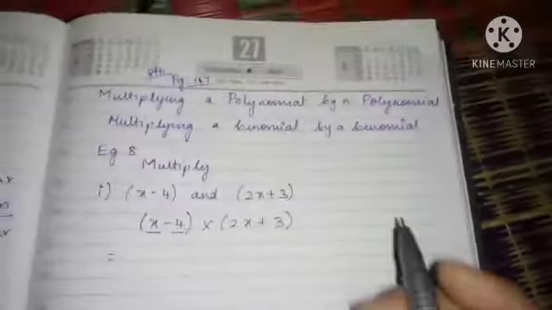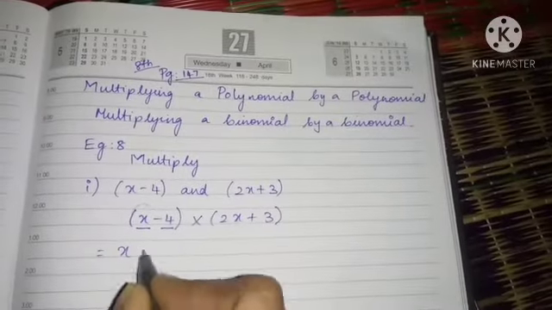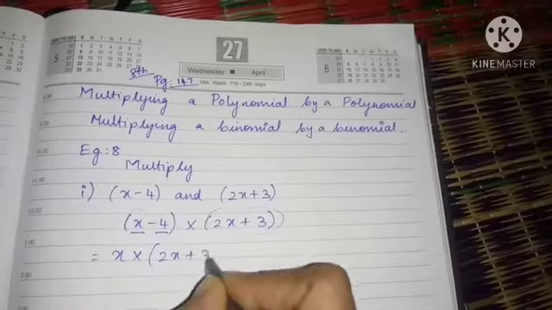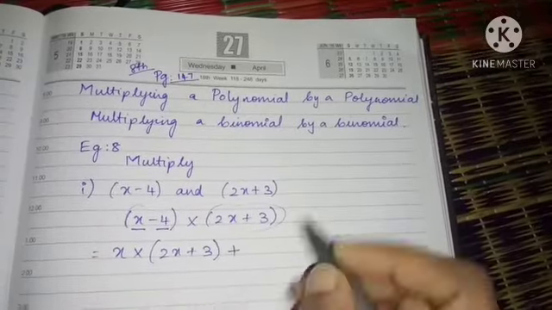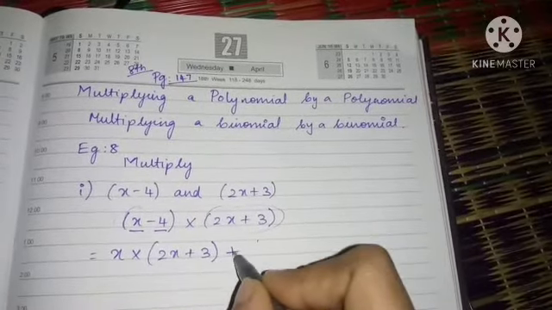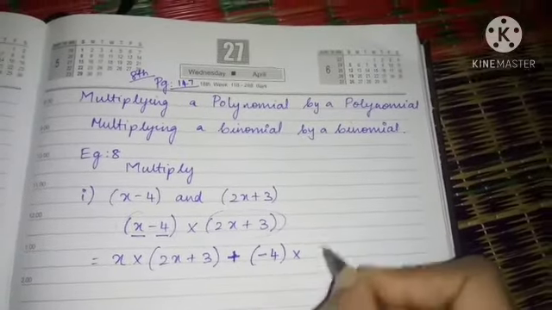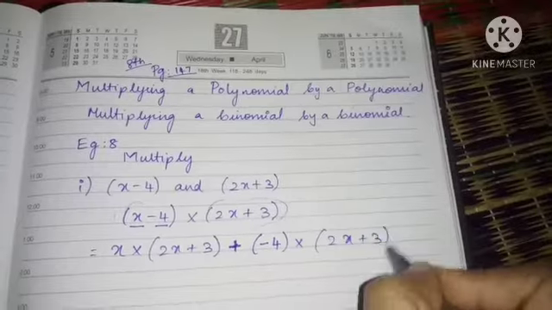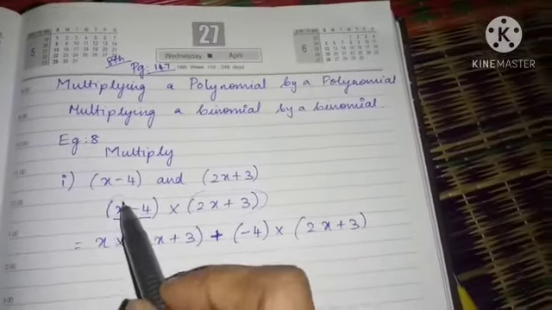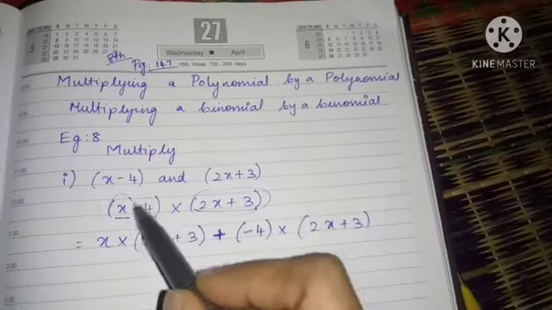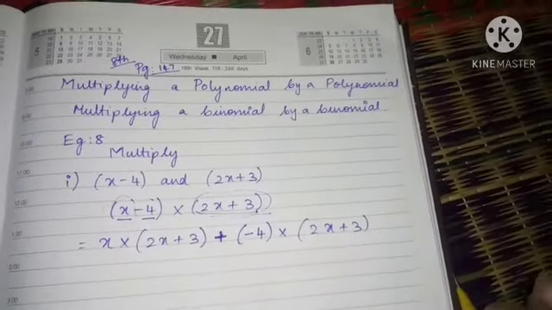So first you will multiply this x with this expression. Then I am going to multiply this minus 4 with this expression.